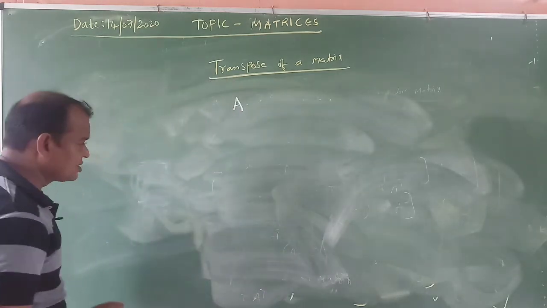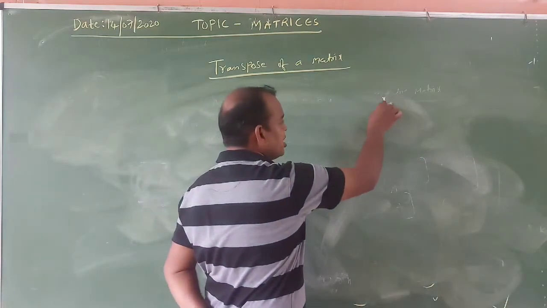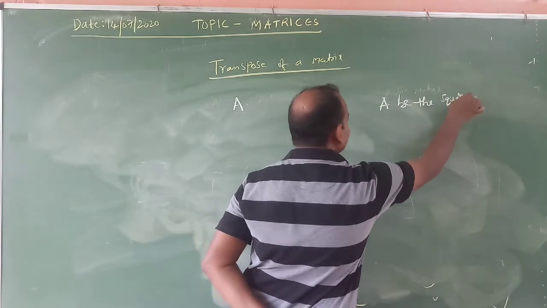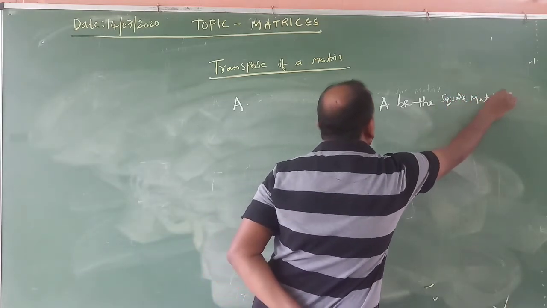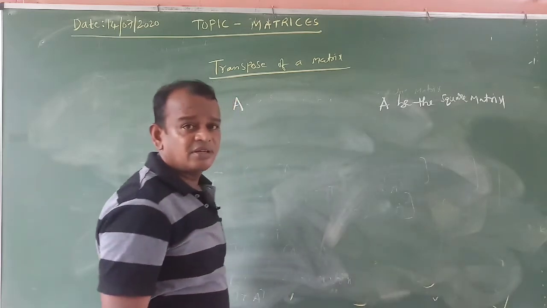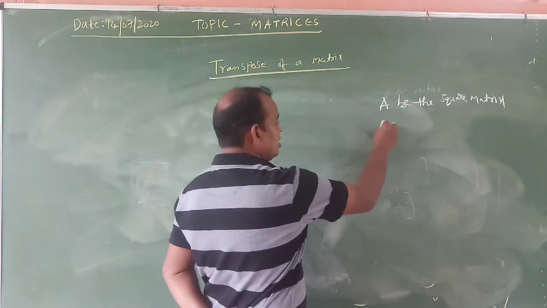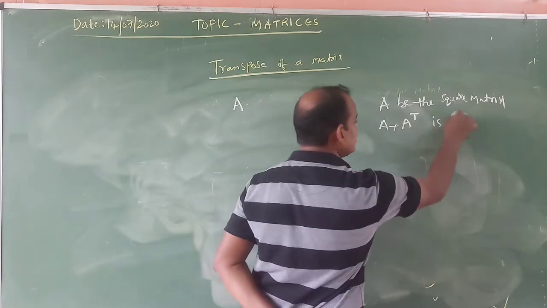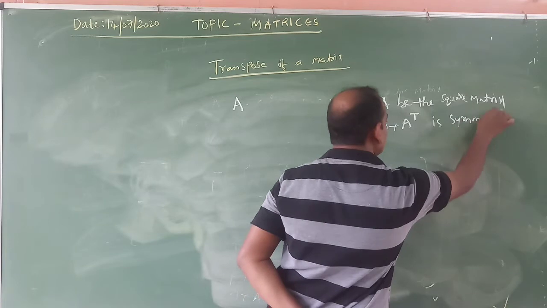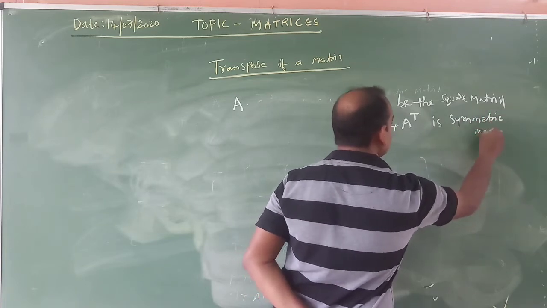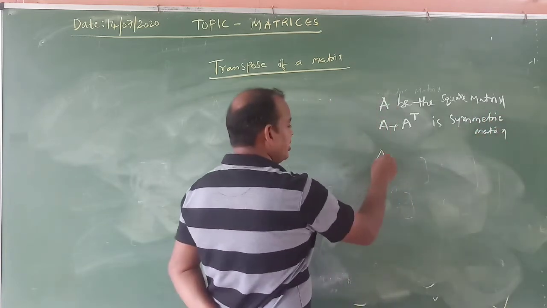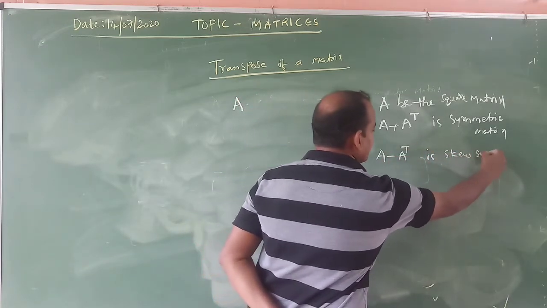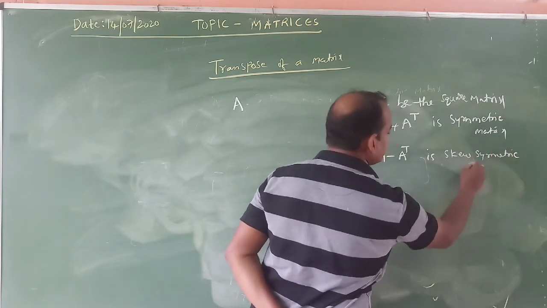Already we discussed before that for a square matrix A, A plus A transpose is a symmetric matrix, and A minus A transpose is a skew symmetric matrix, 100%.